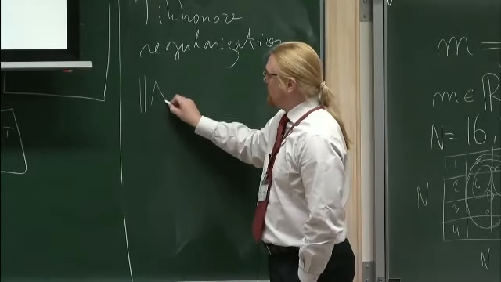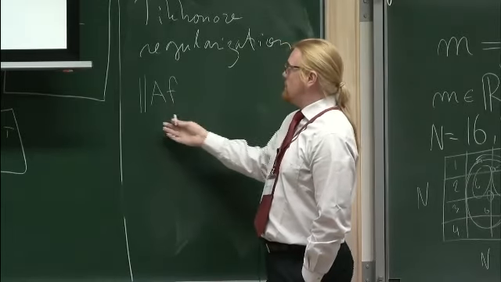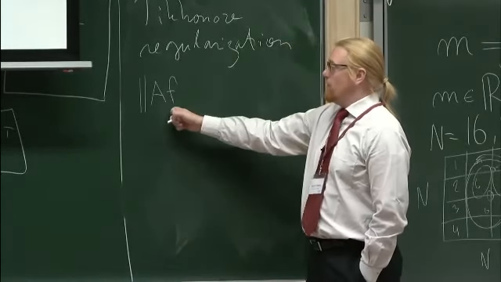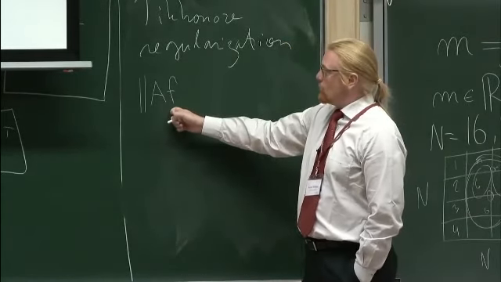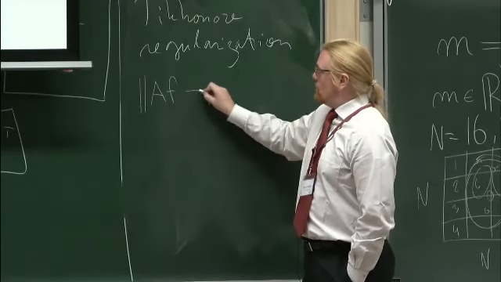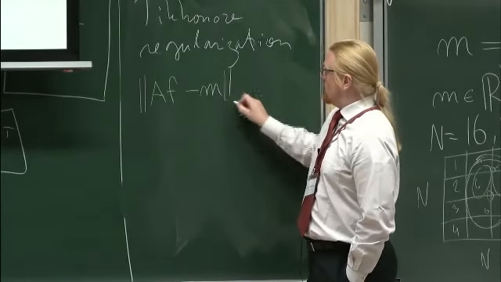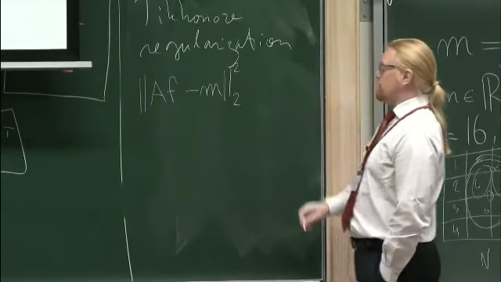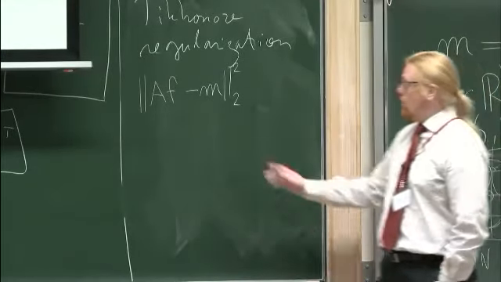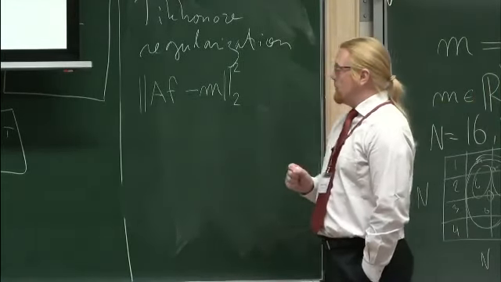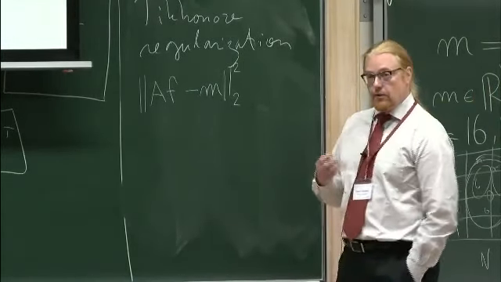So here we have Af. We take the minimization over vectors in Rn, and what we minimize is, given the data, we compute just the Euclidean norm of this difference between these guys, and this is the discrepancy or error.